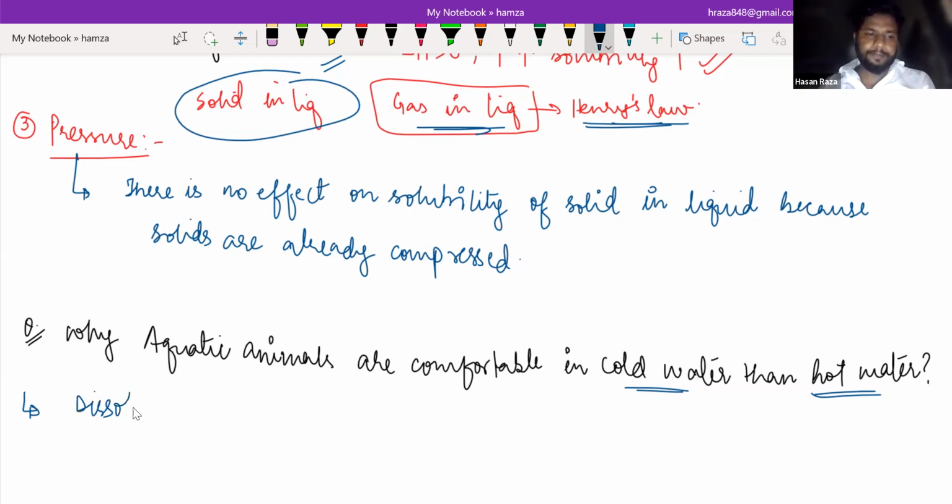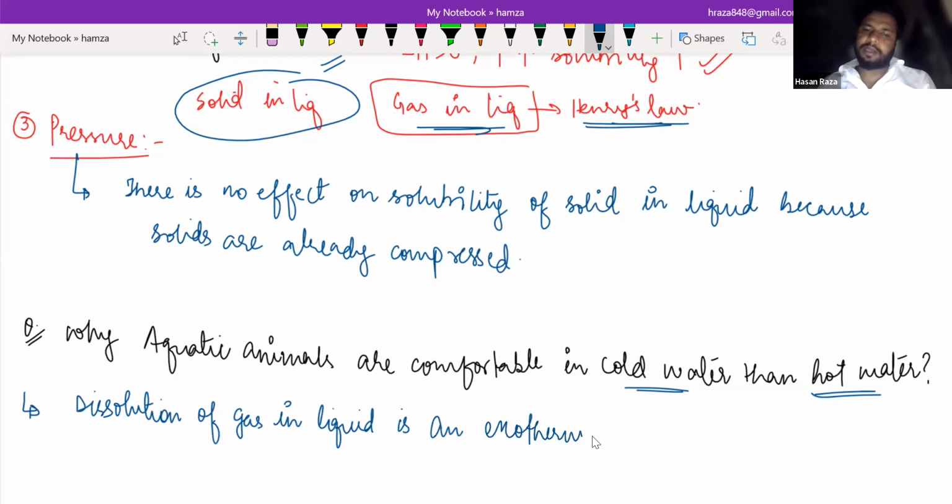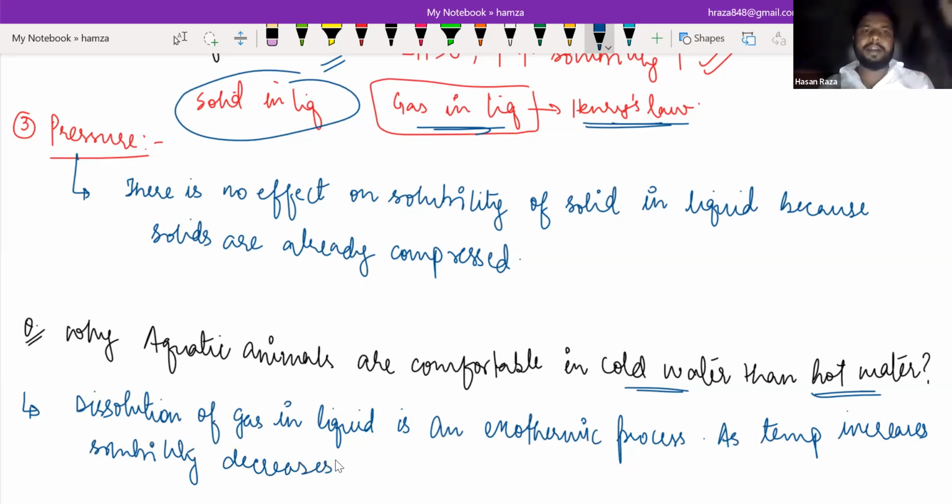Write it. Dissolution of gas in liquid is an exothermic process. As temperature increases, solubility decreases. Basically, gases in hot water are less soluble.